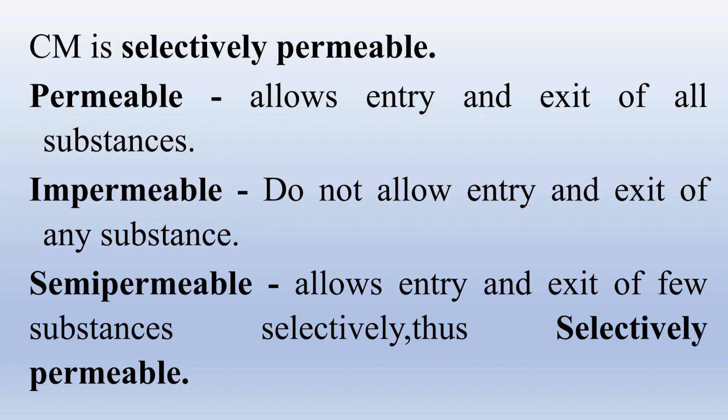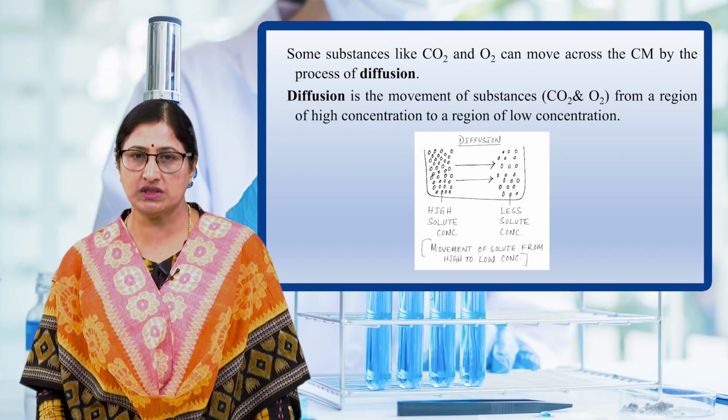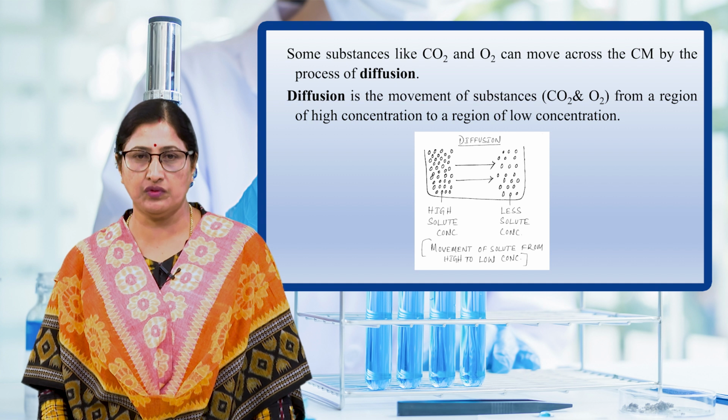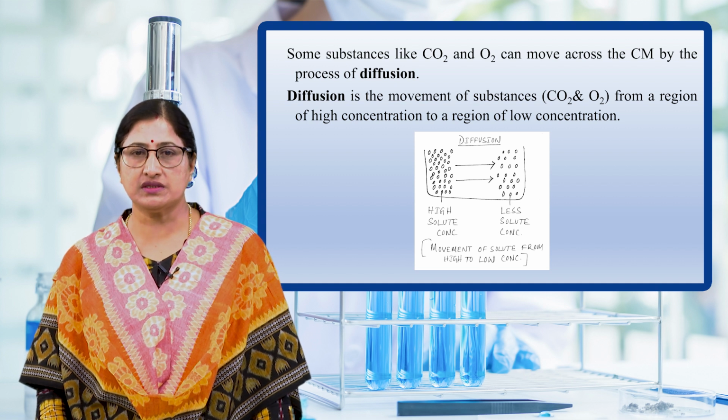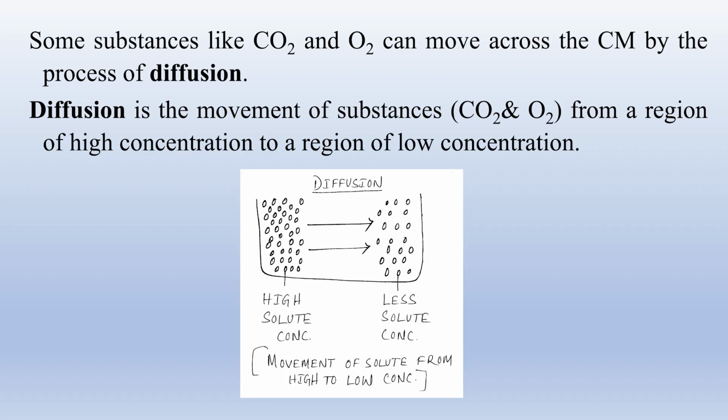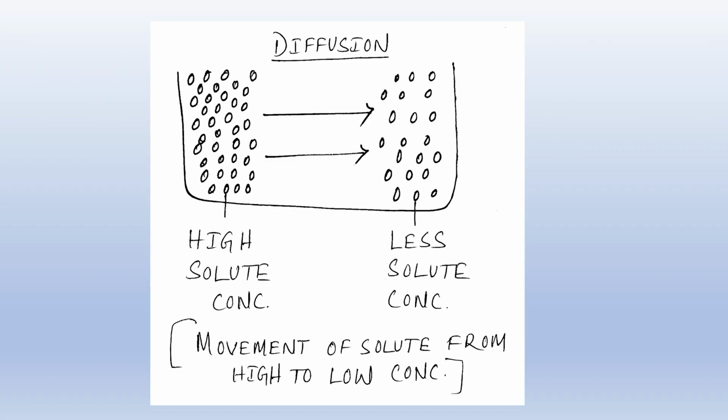Some substances like carbon dioxide and oxygen can move across the cell membrane by the process of diffusion. Now, what is diffusion? Diffusion is the movement of substances, maybe carbon dioxide or oxygen, from a region of high concentration to a region of low concentration. Just focus on the diagram given.